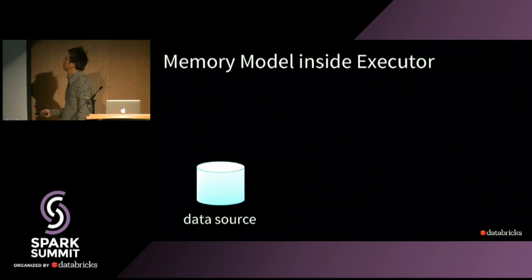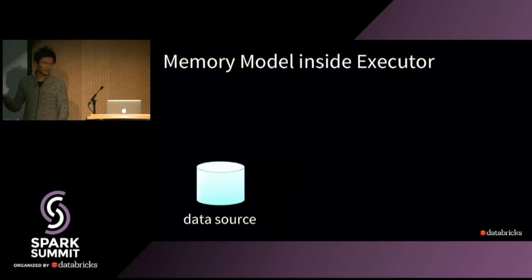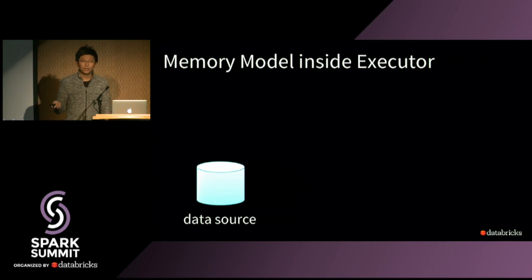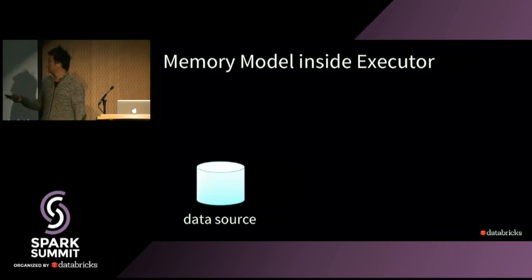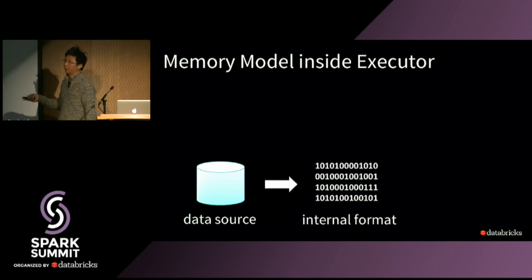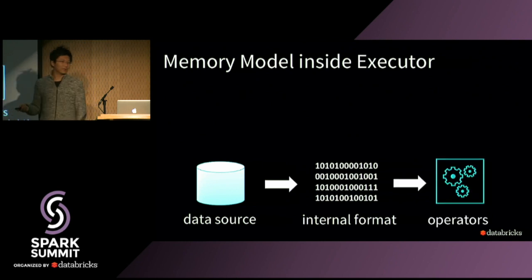Okay, let's start to see what the memory model looks like inside one executor. For a typical query, first of all, you have to read data from a data source, for example Parquet files, maybe JSON files or other formats. Then the data will be loaded into Spark in an internal binary format. After that, we have many operators to process the data and produce results.